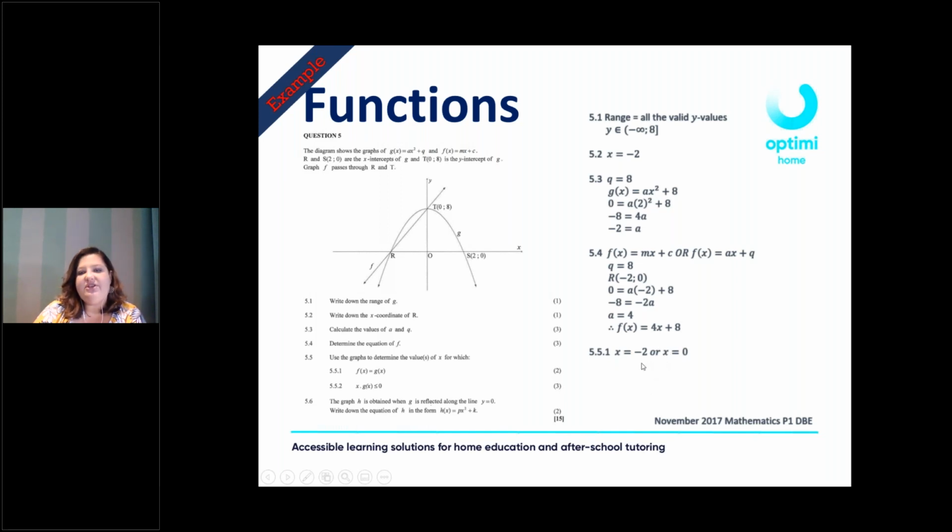I want you to note the use of the word 'or' over here. When you have questions like this in your examinations, you always need to write 'or' and not the word 'and'. If you think about yourself, you can only be at one place at one time. So they want to know where this happens, and you can say at x equal to -2 or where x is equal to 0. It cannot be at two places at one time.